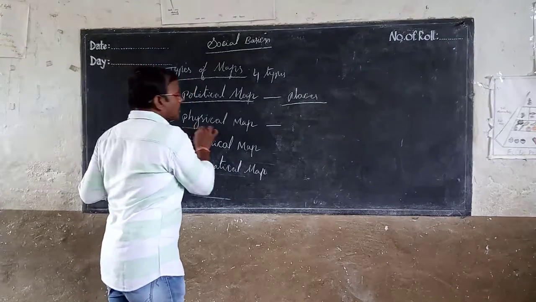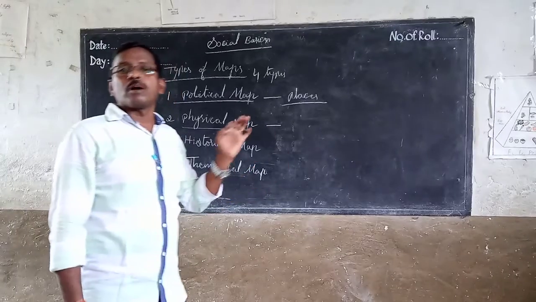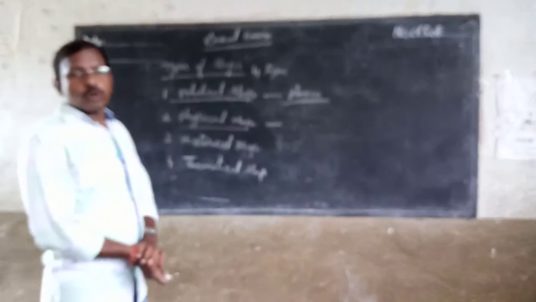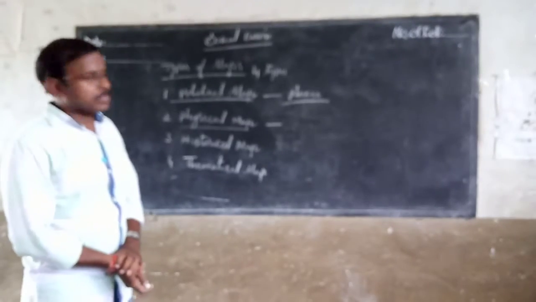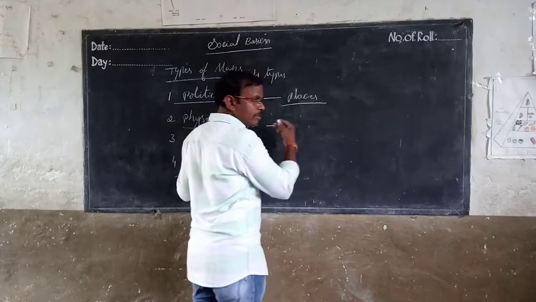Next, the physical map. Which maps tell us about landforms? The maps which tell us about landforms on the earth's surface are known as physical maps. What do those tell us?